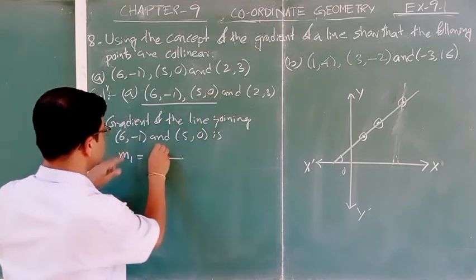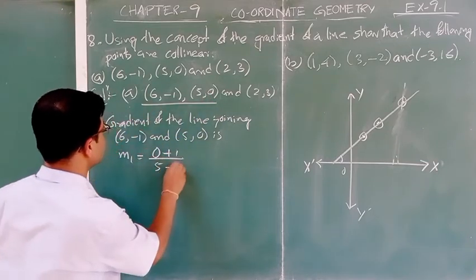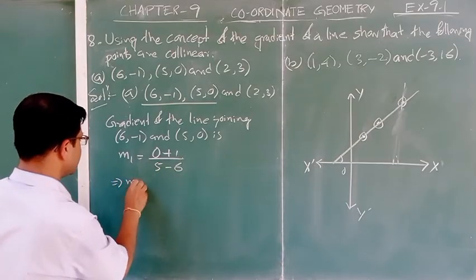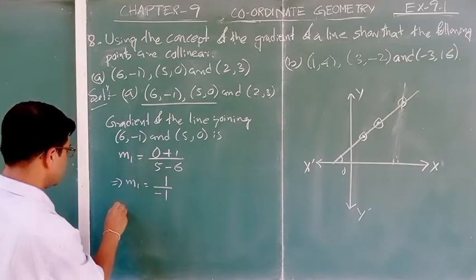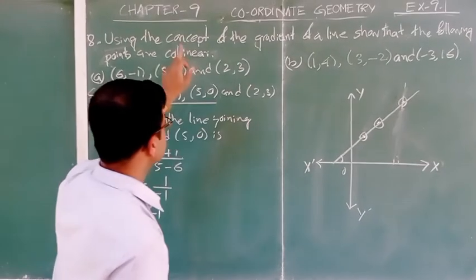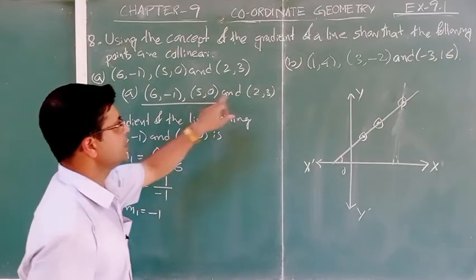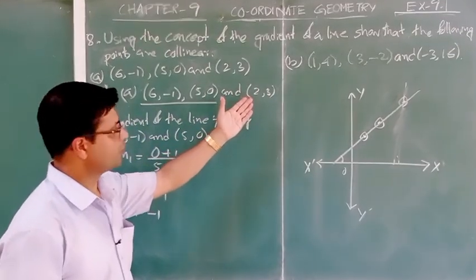So this is 0 minus of minus 1, so +1, over 5 minus 6. So m1 is 1 by -1. Got it? So m1 in this case is -1. Now let us find the gradient of the line joining the next two points. If the gradients are the same, then we can say the points are collinear.